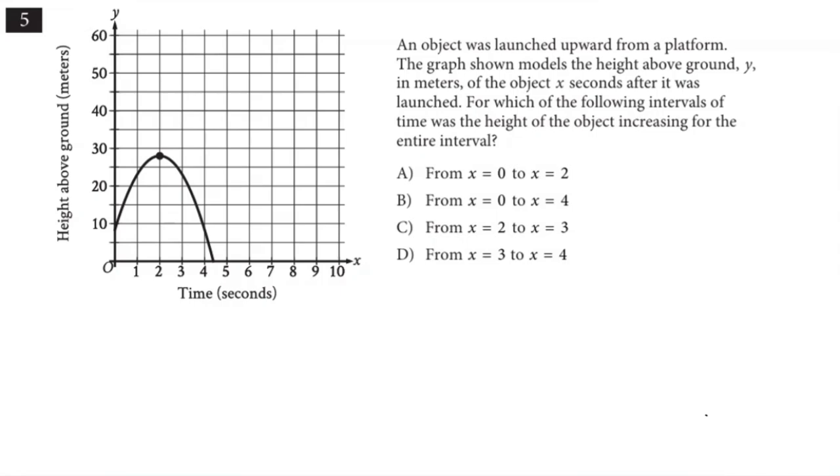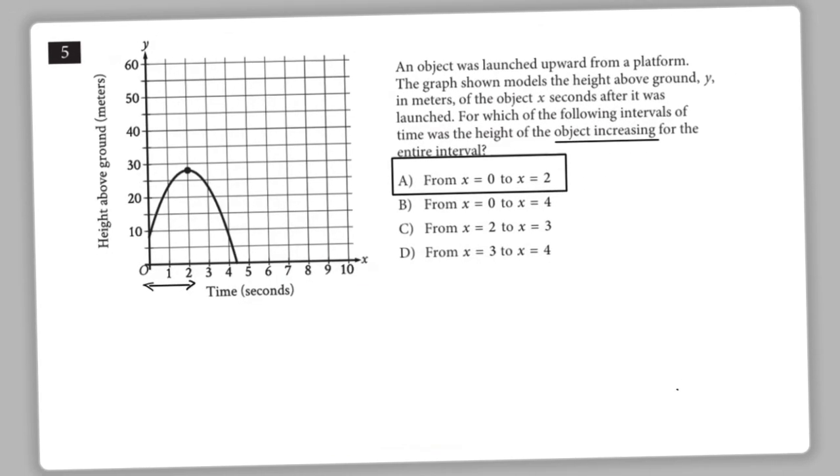For which of the following intervals of time was the height of the object increasing for the entire interval? So for increasing, you just need to check from 0 to 2. So this is the portion where the height increases. At 2, it becomes max, and after that, it drops. So A is the correct answer.